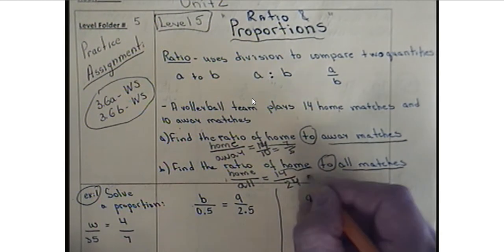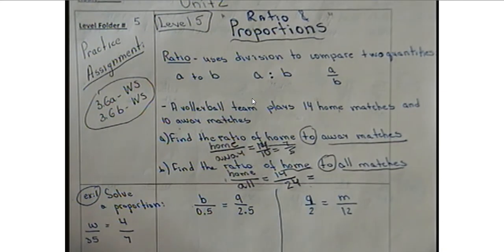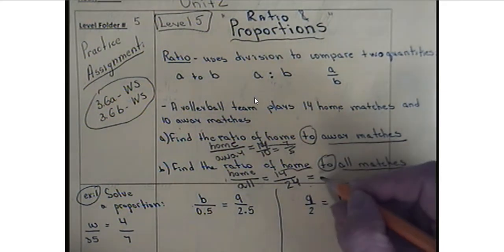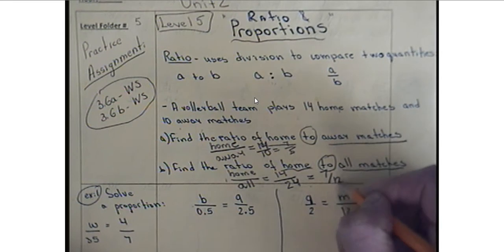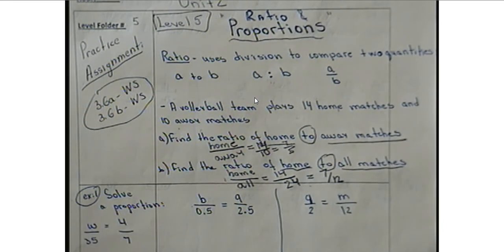And once you set up your ratio, you can definitely simplify this, which will be 7/12. So the ratio will be 7 home matches to total of all. That's the ratio and how it works, which is, I would say, about 80% of the time those guys are doing home matches.